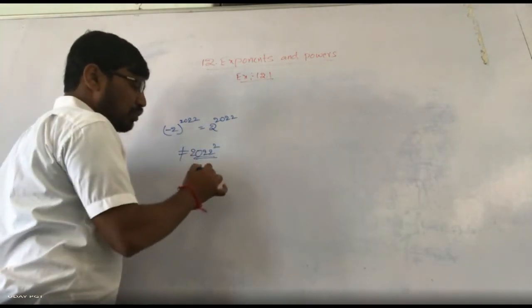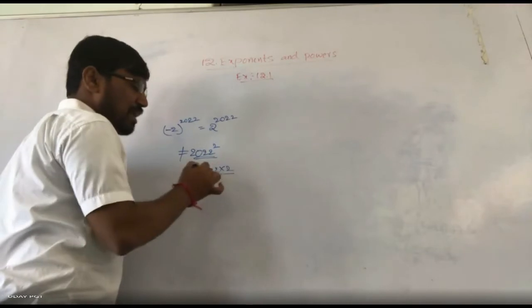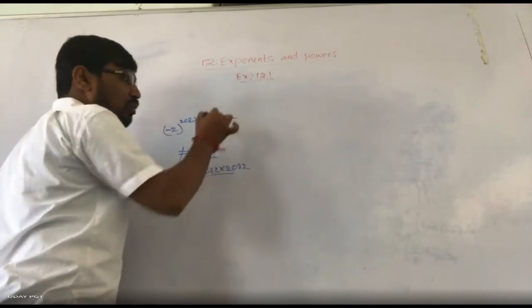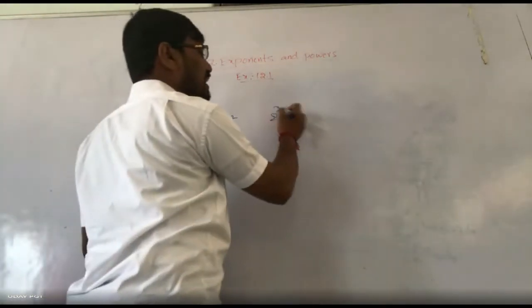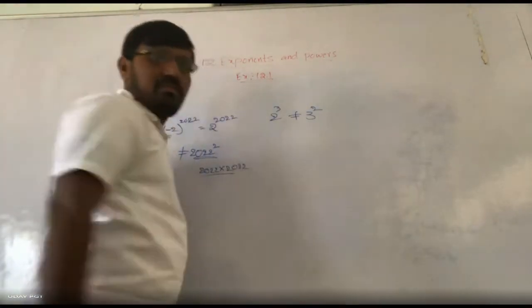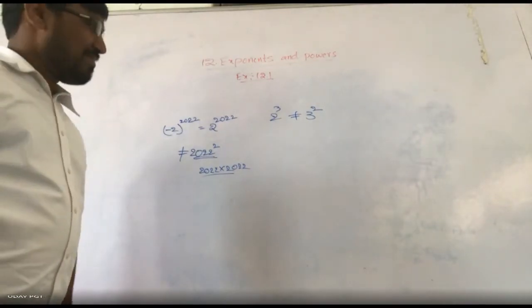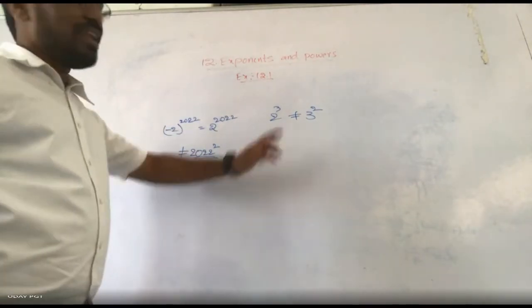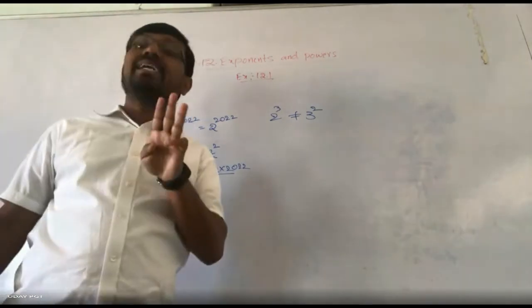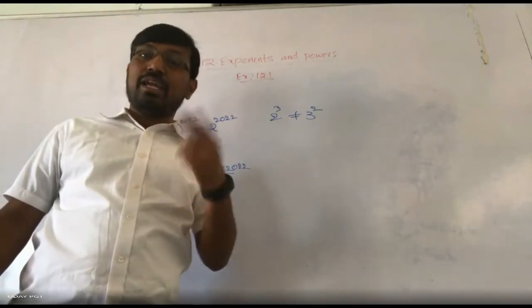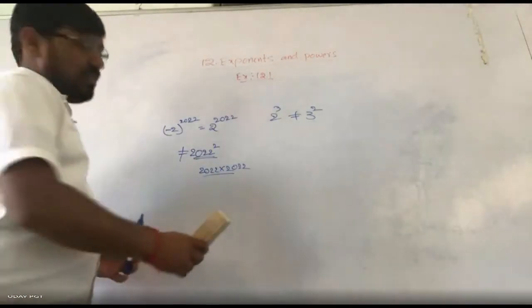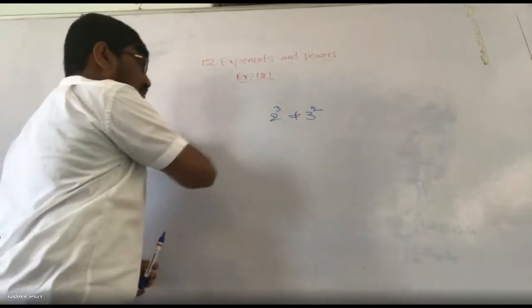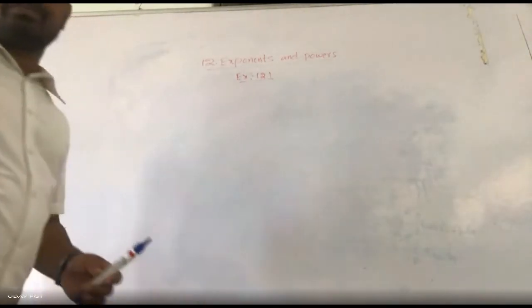This is 2022 multiplied 2 times, 2022 into 2022. These two values are different. 2 power 3 will never equal 3 power 2. Do remember. 2 power 3 value what? 2 into 2 into 2, 3 times, 8. 3 power 2 value what? 3 into 3, 9. So that is completely different. Okay. Next.